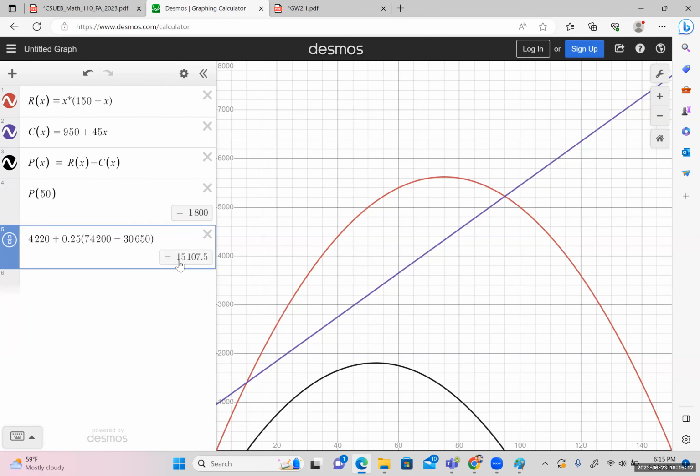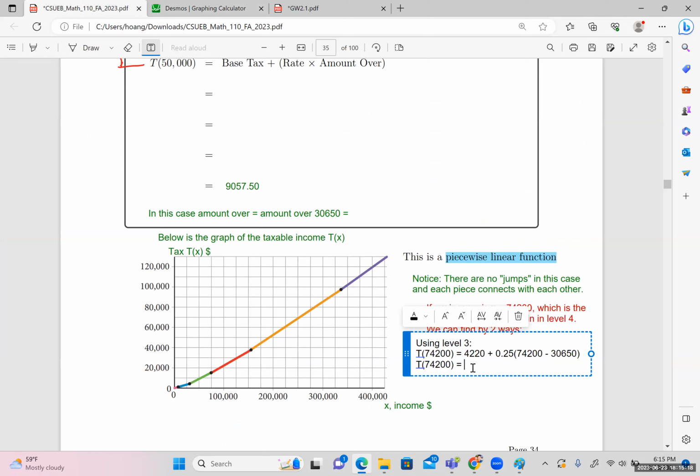You should have 15,107.50. Put the dollar sign here. So that is when I'm using level 3.